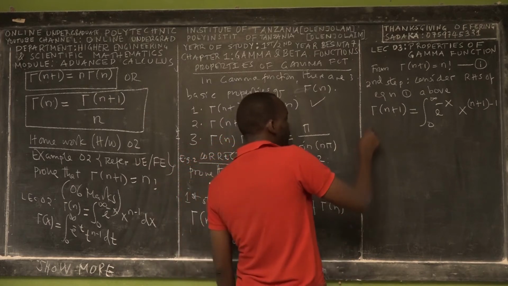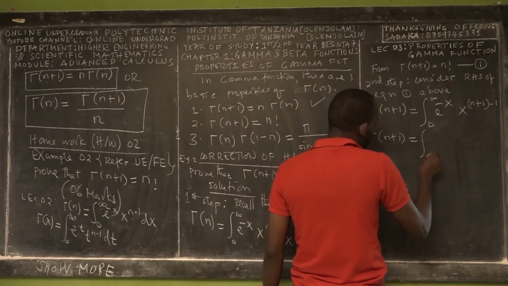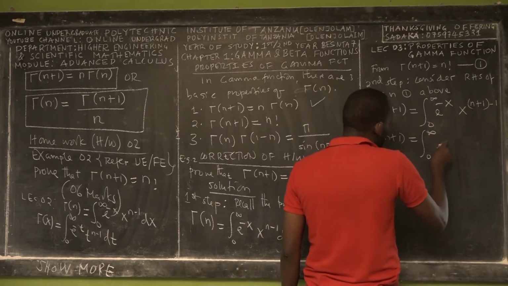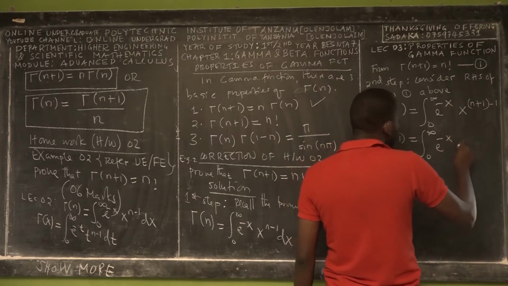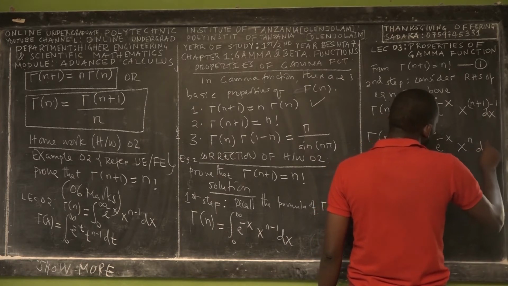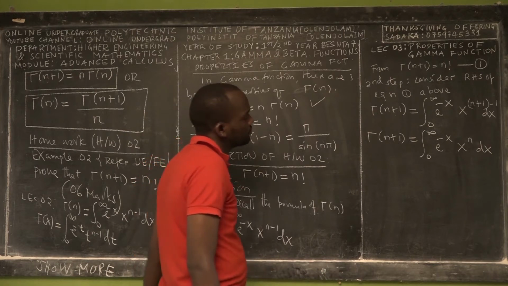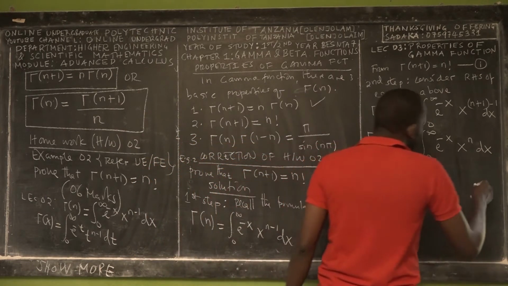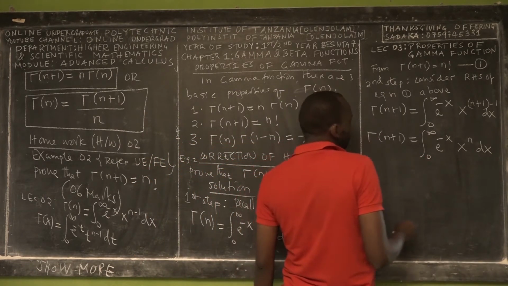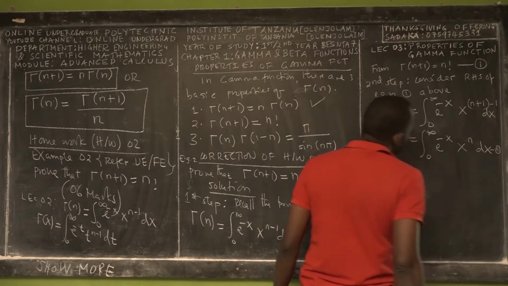If you open the bracket, gamma of n plus 1 is equal to the integral from 0 to infinity of e to the power negative x, x to the power n dx. I forgot dx. Suppose that this is equation 2.